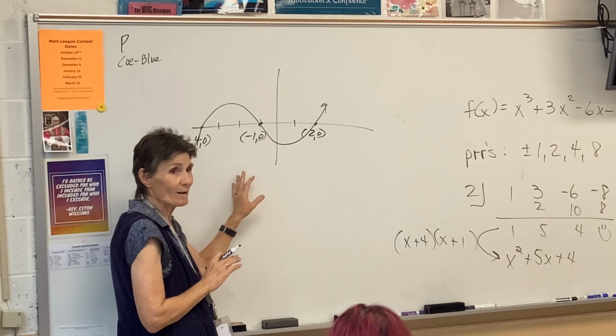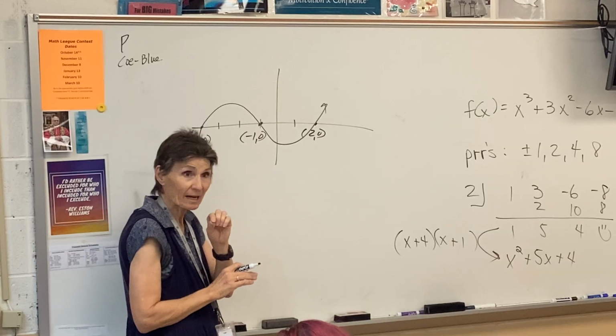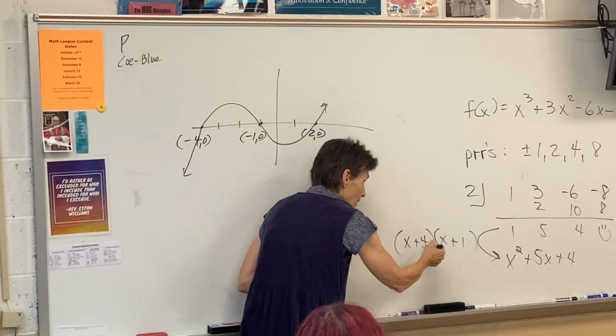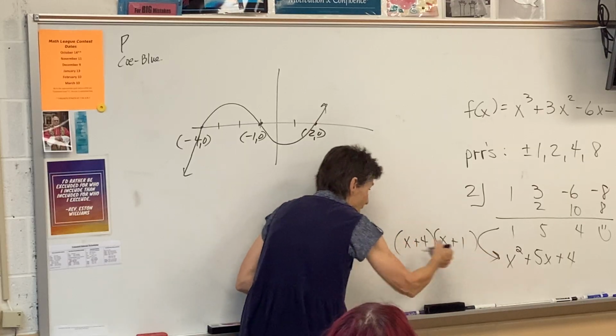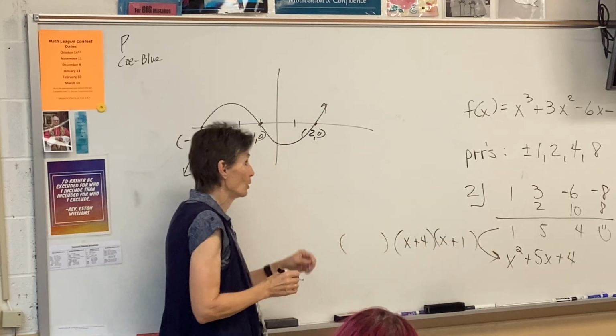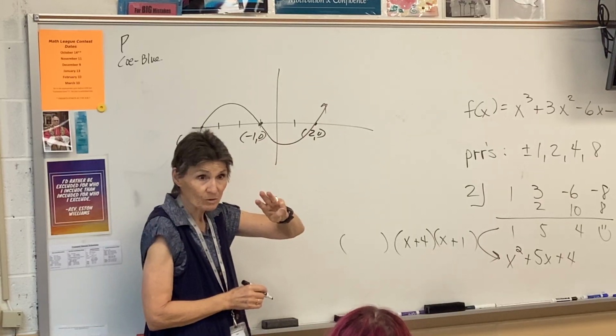B, I didn't quite finish. B says, find the factors. Here are 2 of them. Right here, I factored that thing, and that's what I got. There is a 3rd factor though. See how you have 3 dots? You gotta have 3 factors.